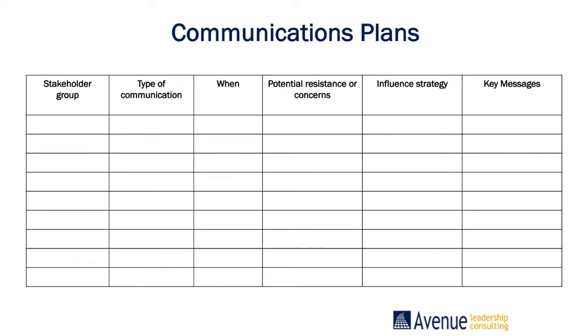As you plan communications around your change vision to the entire organization, this simple tool can help you plan them and make sure that they're tailored and specific to groups, addressing their specific concerns. For each stakeholder group, think about the type of communication, when the communication will occur, potential resistance or concerns, your influence strategy around those, and key messages.